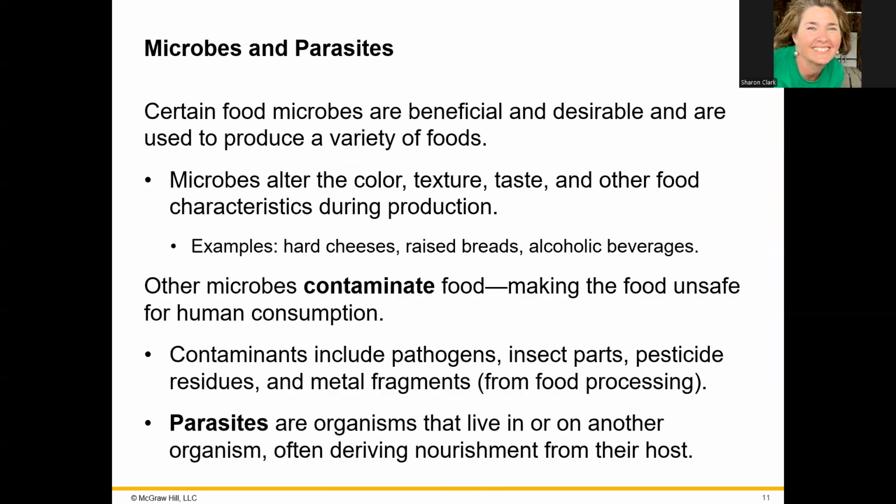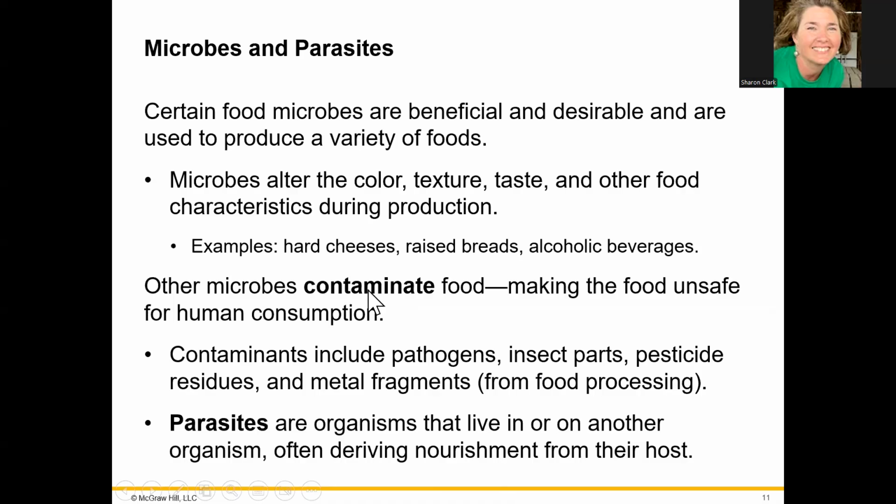So, microbes and parasites, certain foods do benefit from microbes and parasites. If you've ever had blue cheese, if you've ever had cultured yogurt, if you've ever had leavened breads and yeast products, then you have benefited from the fungi and the beneficial microbes that are in foods. However, other microbes do and will contaminate food, and we need to be careful for that.